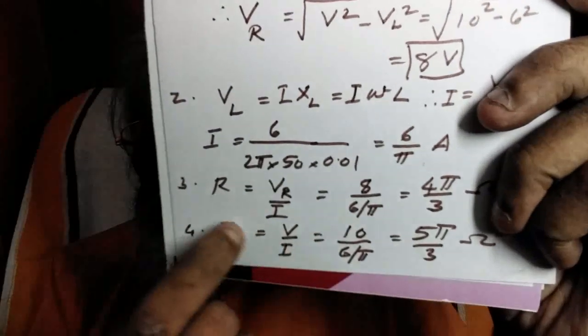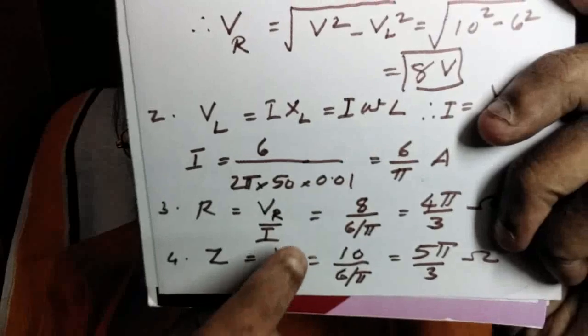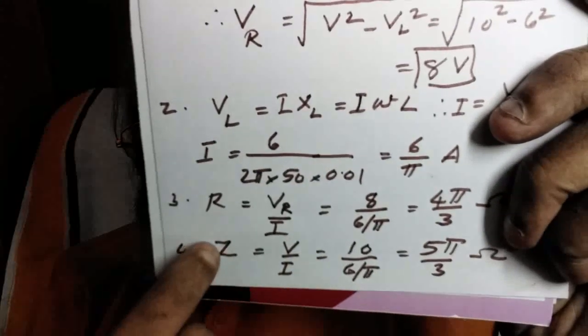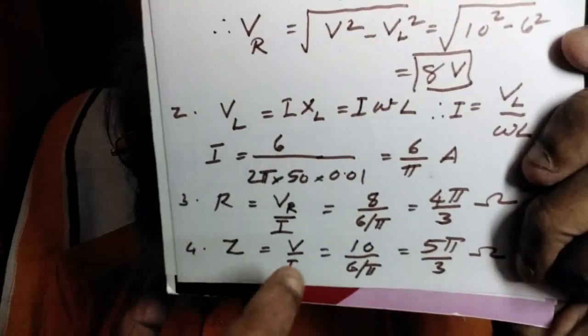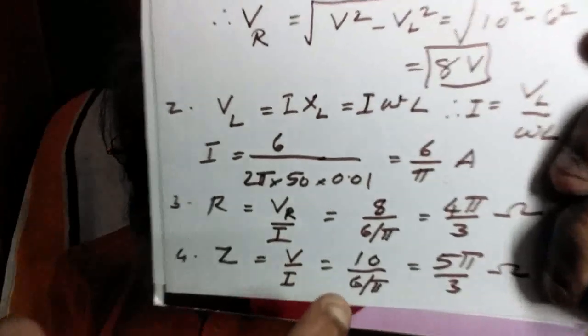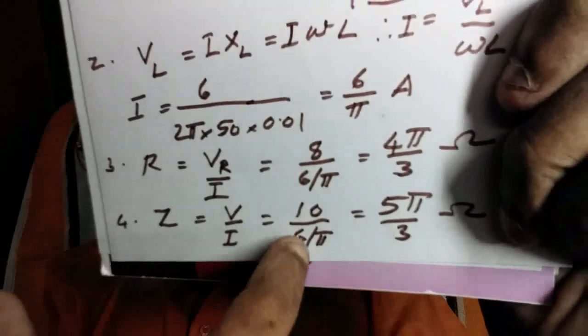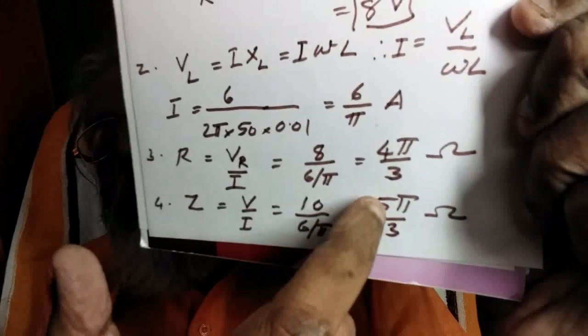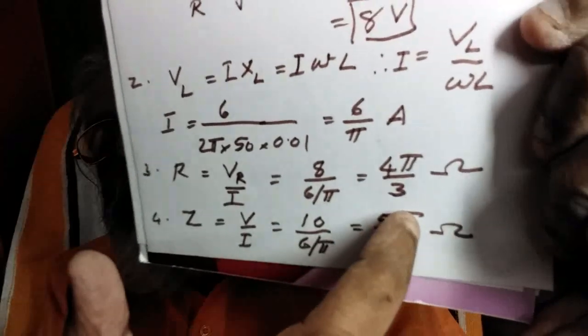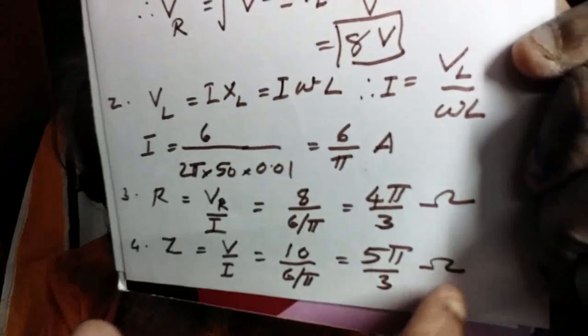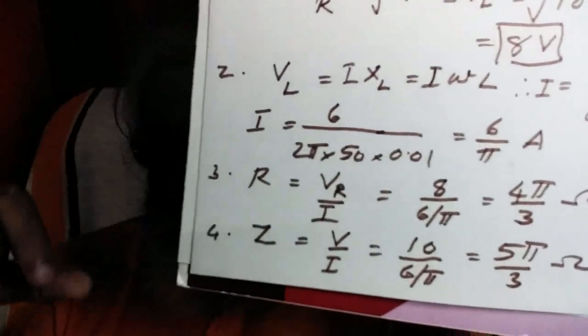V equals I into Z. Total applied voltage equals current into total impedance. So Z equals V by I. That is 10 by I is 6 by pi. Answer is 5 pi by 3 ohm. That is the total impedance.